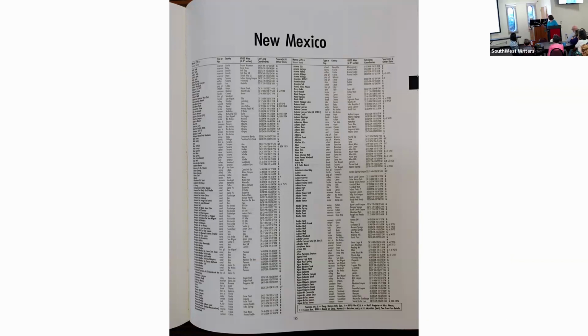They're just alphabetical. It tells you the type of feature, the county where it's found, the location on the USGS map, which the library will also have. It gives you latitude and longitude, and then there's a key at the bottom for the source of the information. And sometimes there's other data there.